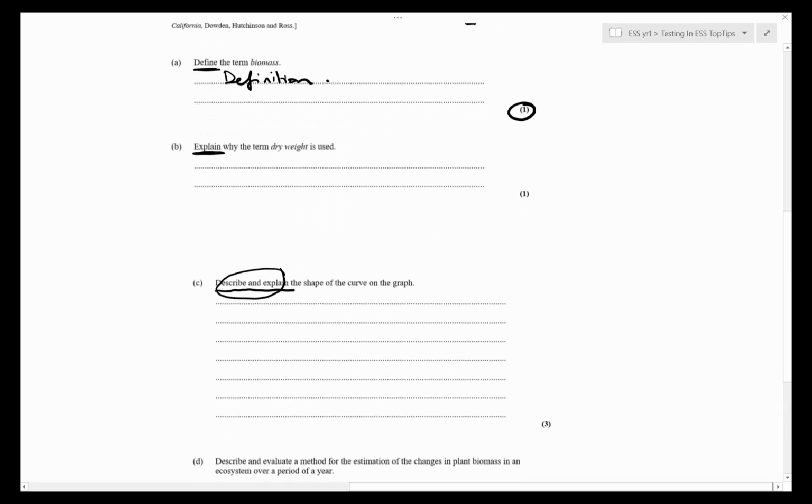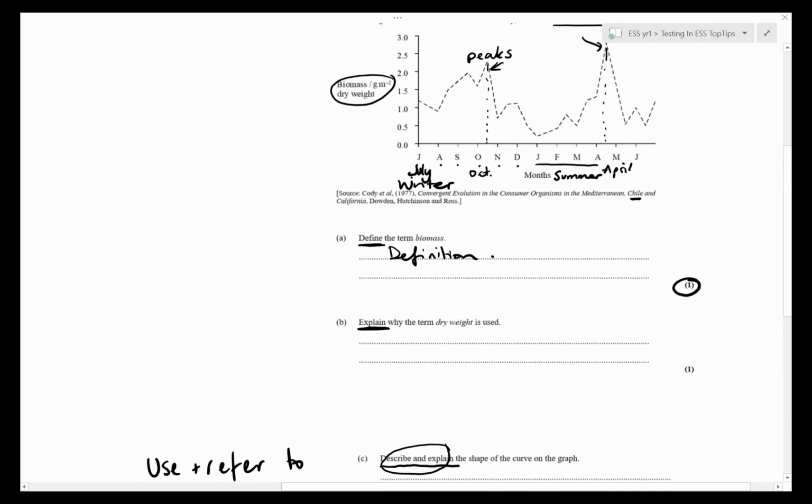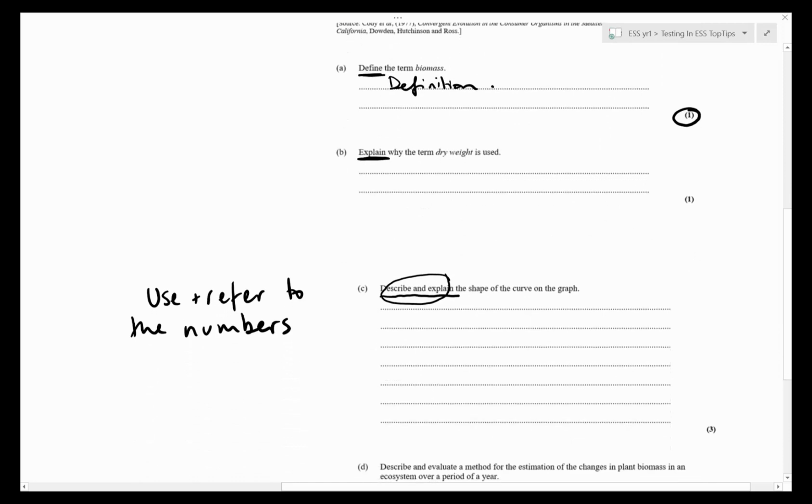Now, my first tip for this sort of data is use and refer to the numbers. Okay, and then make sure that you're reading the axes correctly.